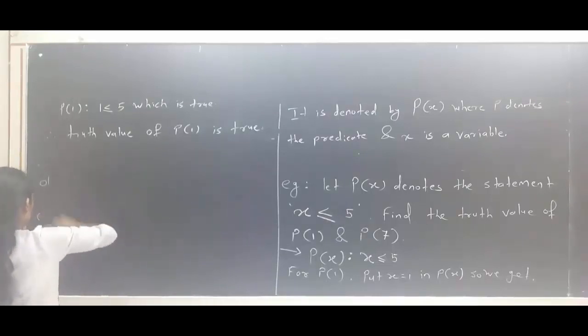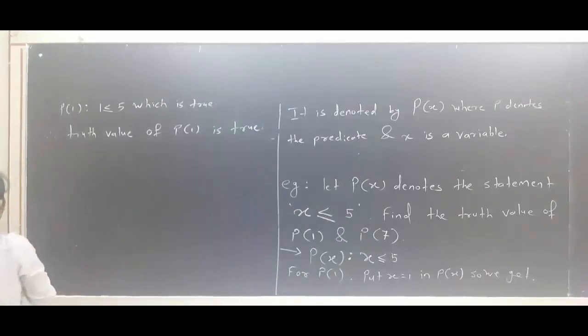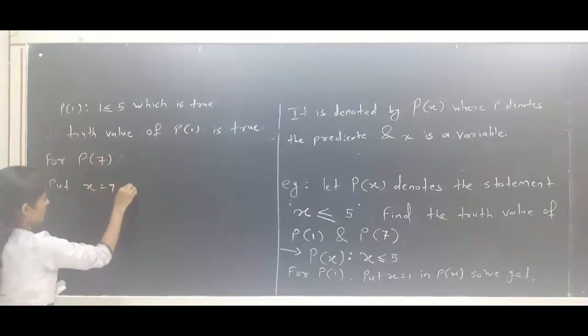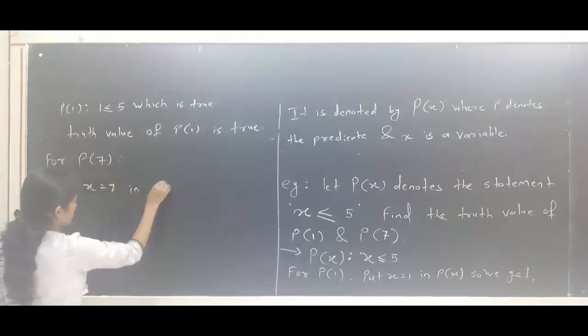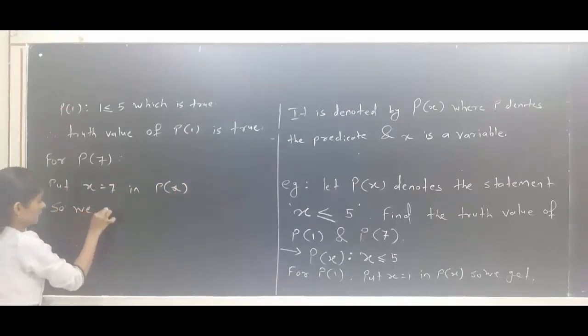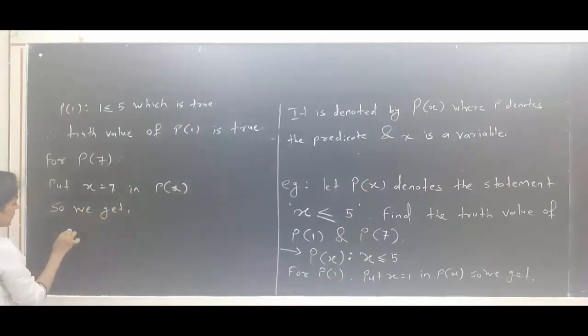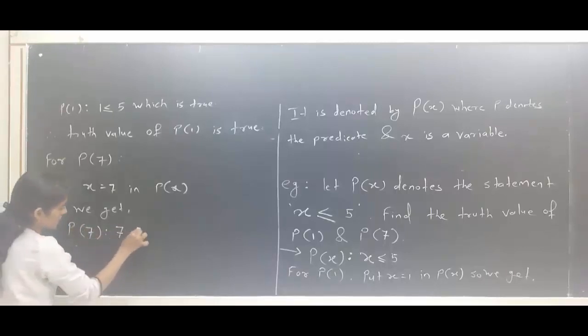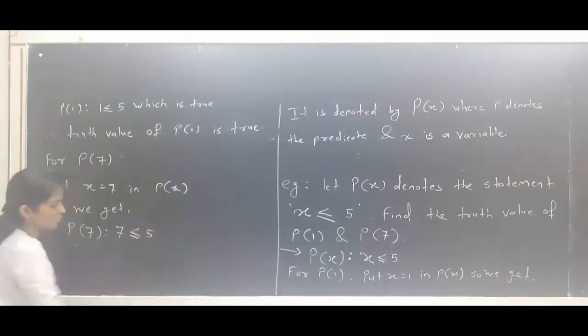Now we want to find the truth value of P of 7. We do it in a similar way. For P of 7, put X equals 7 in P of X. So we get 7 is less than or equal to 5.